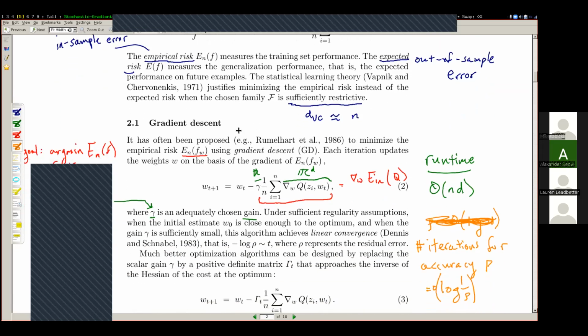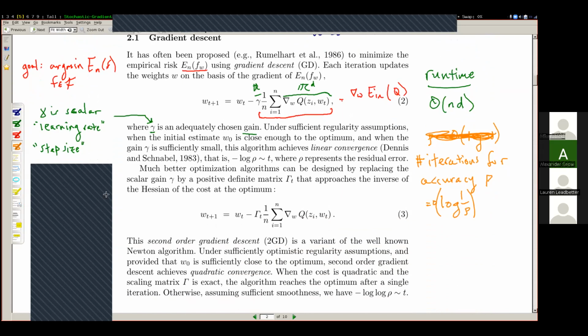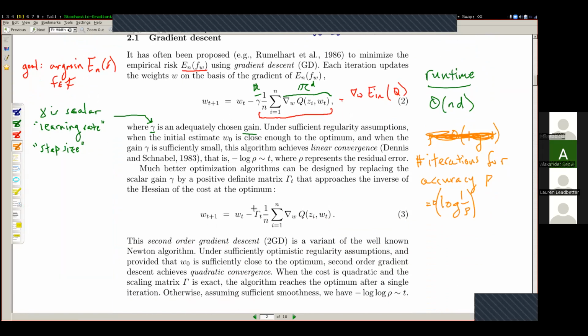The difference between gradient descent and the next algorithm, second order gradient descent, is that in the second order gradient descent, we've replaced gamma by this matrix right here. So the only difference between formula 2 and formula 3 is that we have a matrix right here.